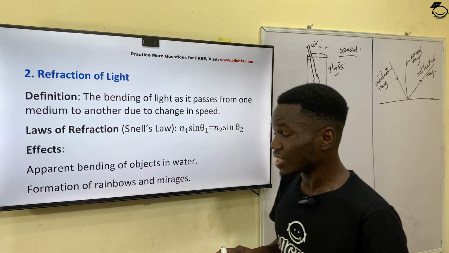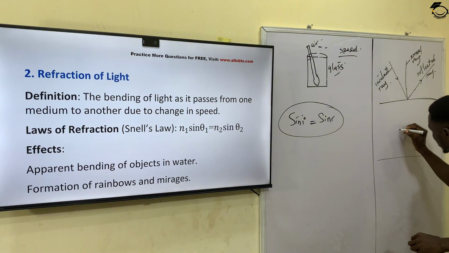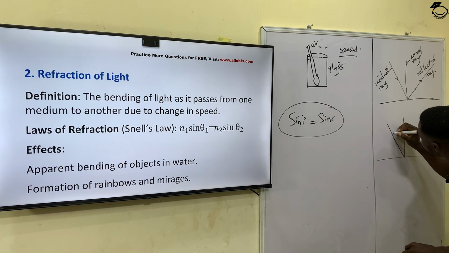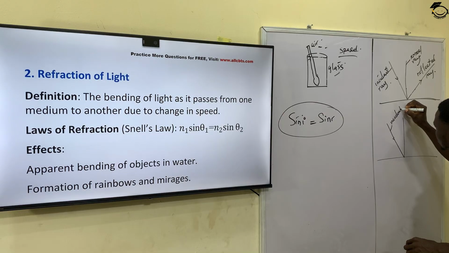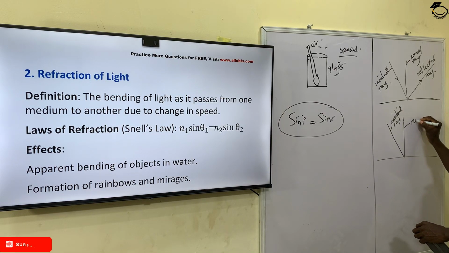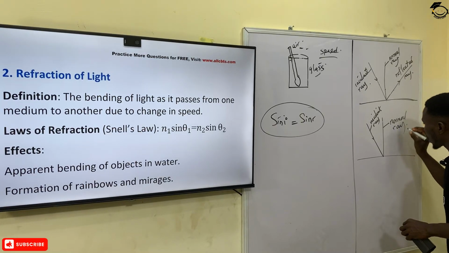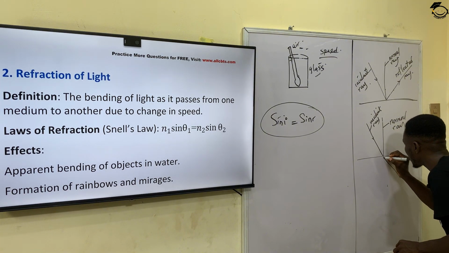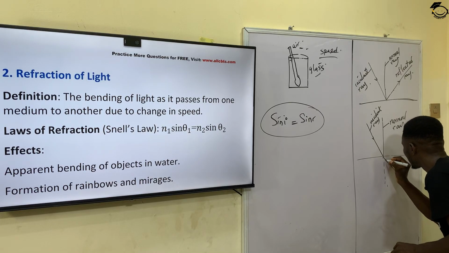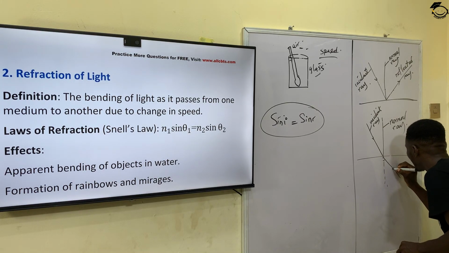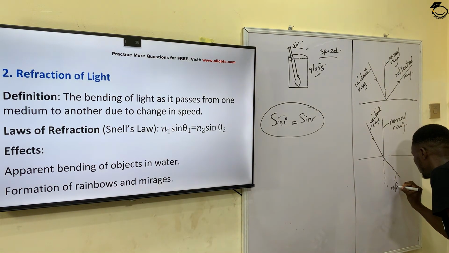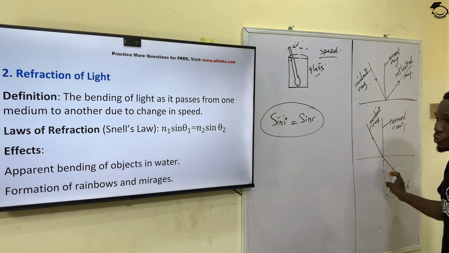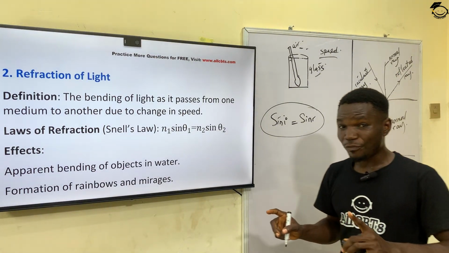The first law of refraction says that the incident ray, the normal ray, and the refracted ray all lie on the same plane. This is the incident ray, this is the normal ray, and this here is the refracted ray. That is the first law of refraction.